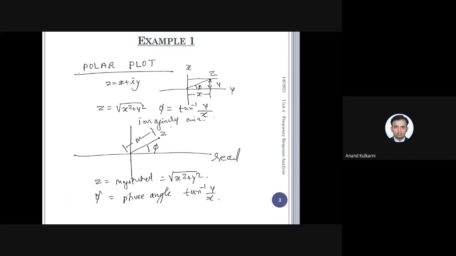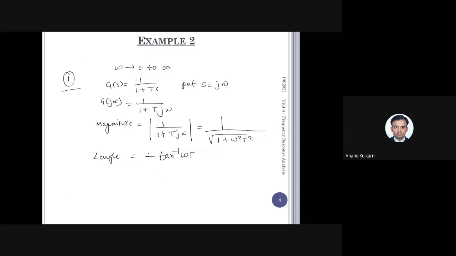So coming next to the polar plot. This is the first example we are going to take. G of s, the transfer function of the system, is given as 1 upon 1 plus ts, where t is a constant. It is like 1, 2, 3 or some number.